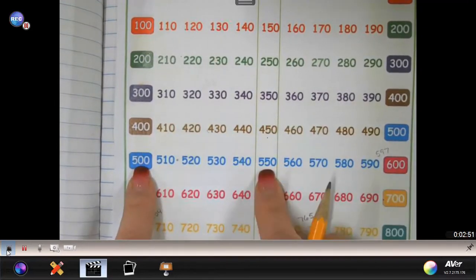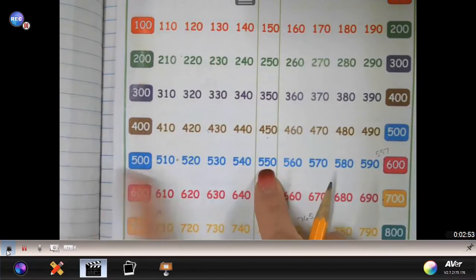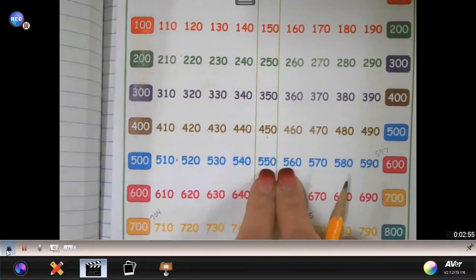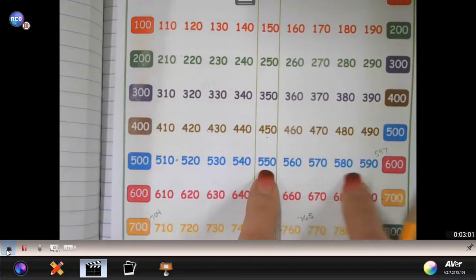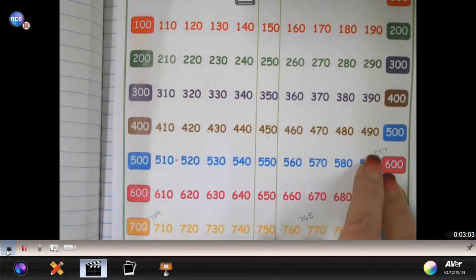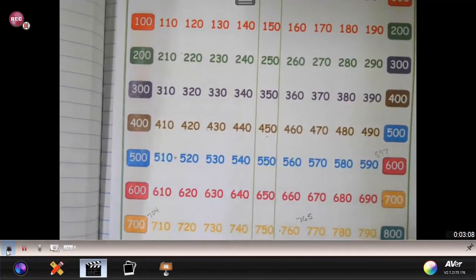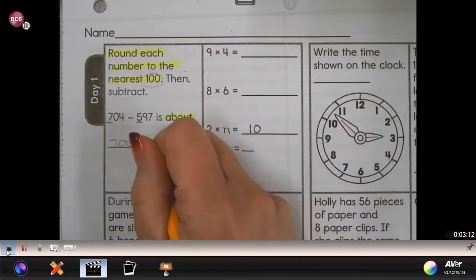Well, it's past the 550, and if it's 550 or higher, we round up to 600. Since we're rounding up, because 597 is so close, it's 3 away, we know that it rounds to 600.